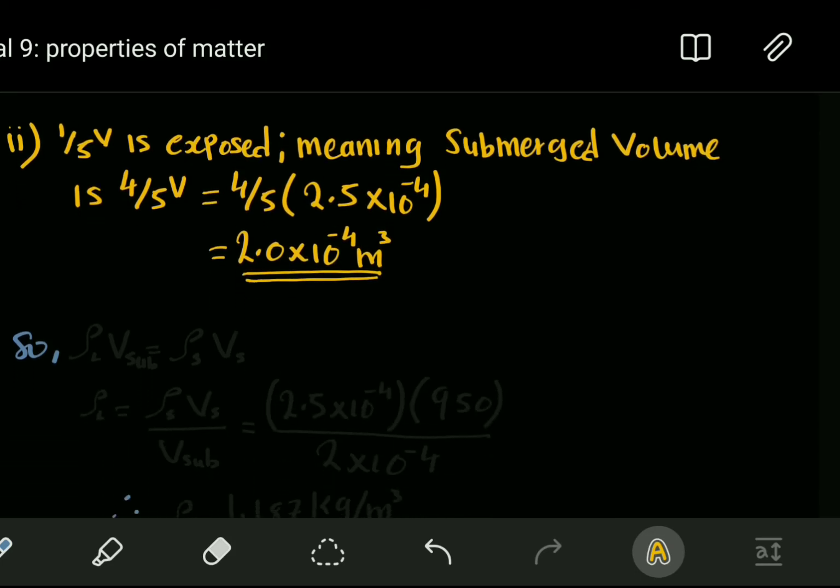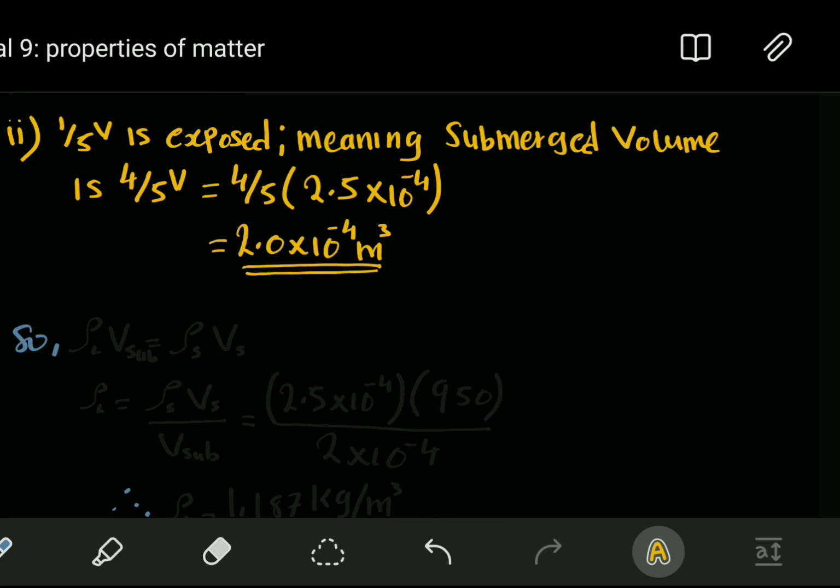All right, so we are saying that this volume which is submerged is the same as the volume of the liquid that has been displaced. Therefore the density of the liquid multiplied by the submerged volume must equal the density of the solid multiplied by the volume of the solid.